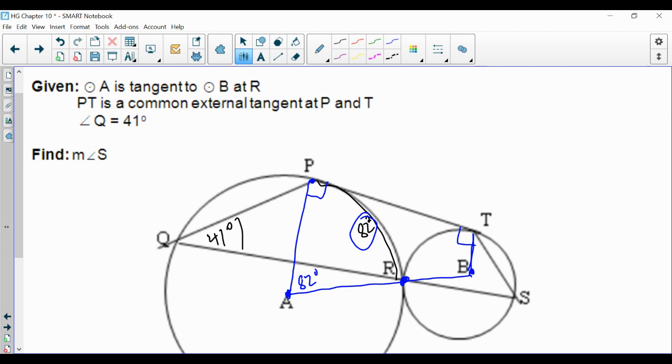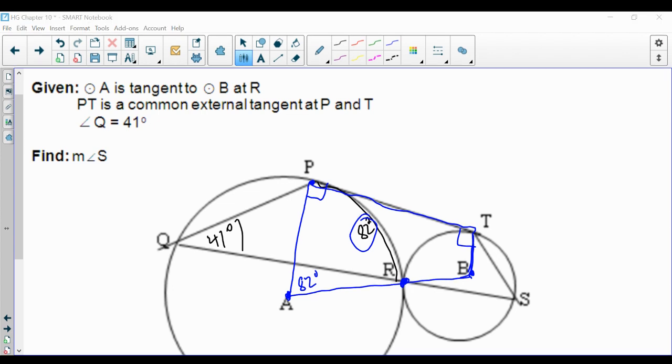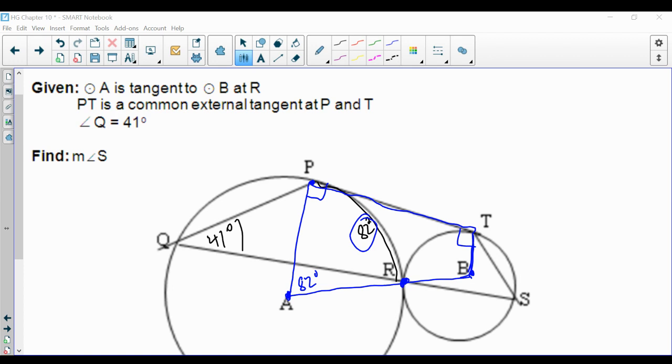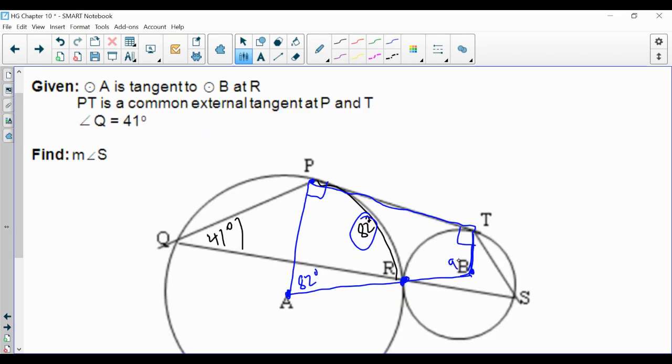And now going to our knowledge of quadrilaterals, we know that in any quadrilateral, and the quadrilateral I'm looking at here is PTBA, all the angles add up to 360. So if this is 90, this is 90, this is 82, we do a little bit of math and you get that your missing angle is 98.